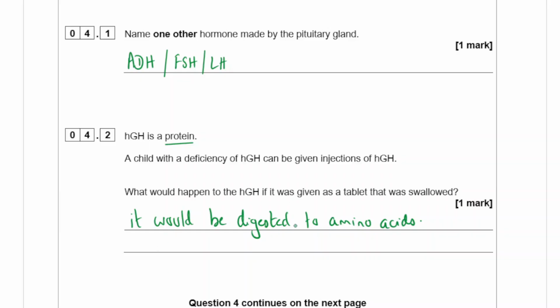Now the enzyme that is going to break down this protein would be protease, which is present in the stomach acid. So you can just simply mention it will be digested to amino acids. You don't have to mention this, but we'll just write by protease enzymes.